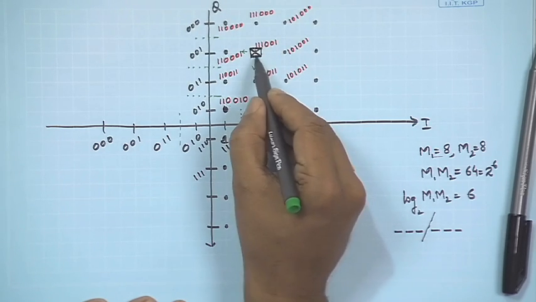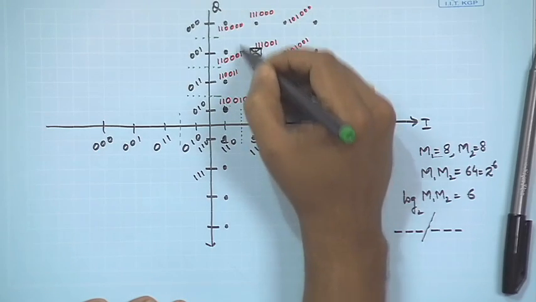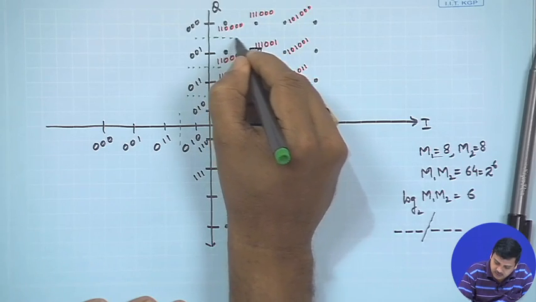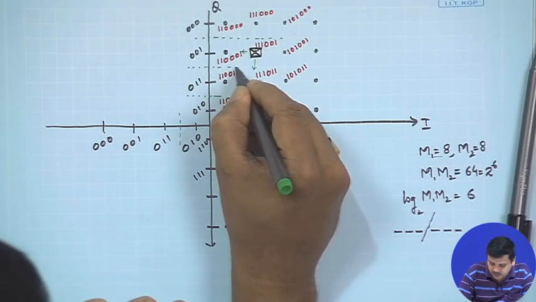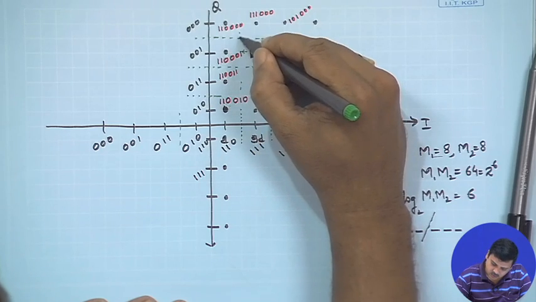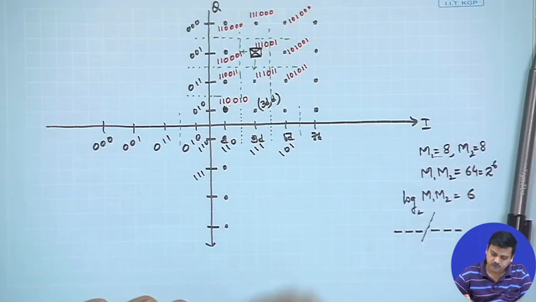However, if because of noise your I gets disturbed and Q gets disturbed, in that case your decision boundaries have to be extended to visualize what is going to happen. This of course we will see later.